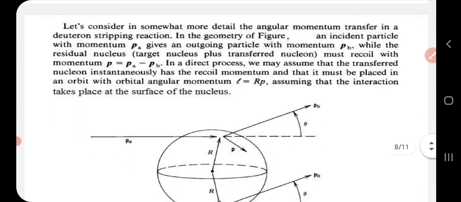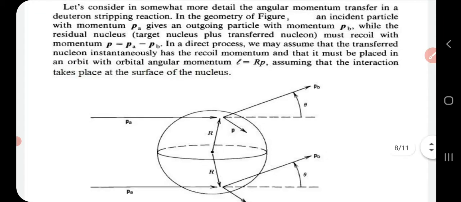Here they have discussed in detail how to find all those things, that is, consider the angular momentum transfer in a neutron stripping reaction. So the geometry is given here. An incident particle with momentum PA gives an outgoing particle with momentum PB.